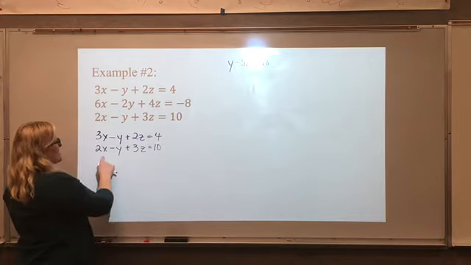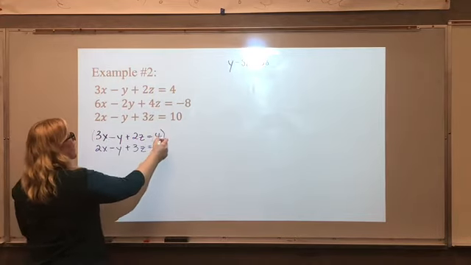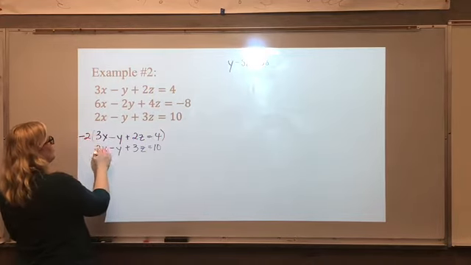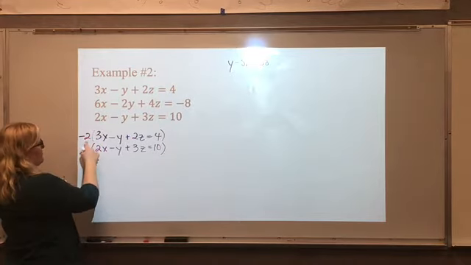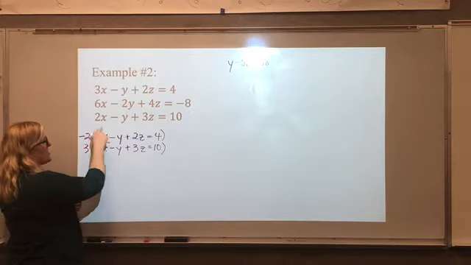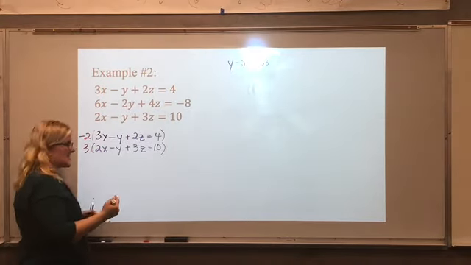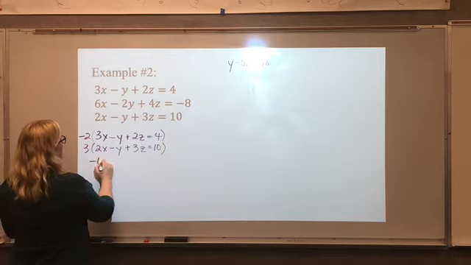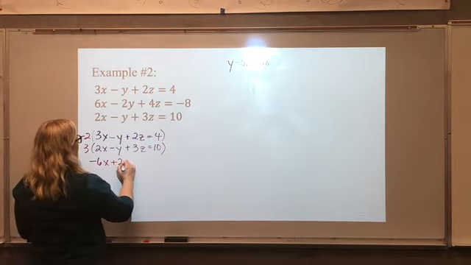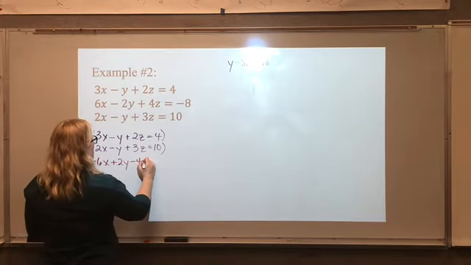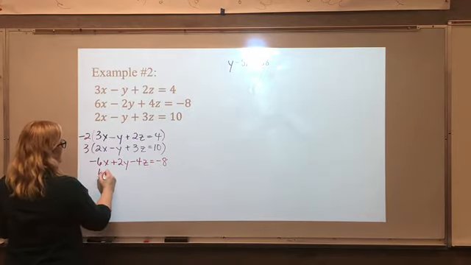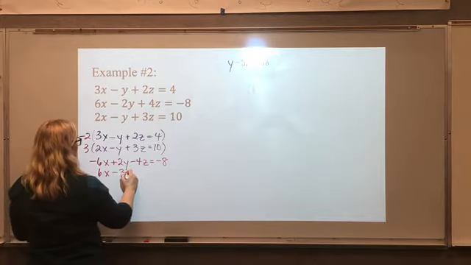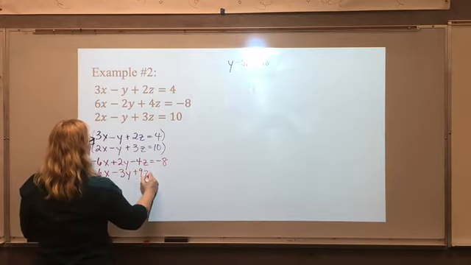So I need the x's to drop out, so I'm going to multiply the top one by a negative 2, and the bottom one by a 3. I'm really just flip-flopping right here so that these will give me a negative 6 and a 6. So I've got negative 6x plus 2y minus 4z equals negative 8, and 6x minus 3y plus 9z equals 30.